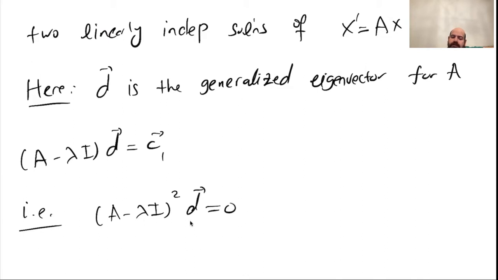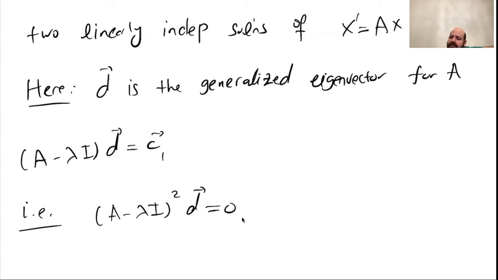So that's why this is called a generalized eigenvector, because for an eigenvector, I need A minus lambda I times C equals 0. Instead, I have here A minus lambda I, the whole squared, times d equals 0.